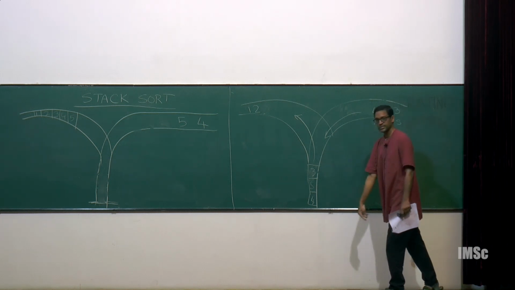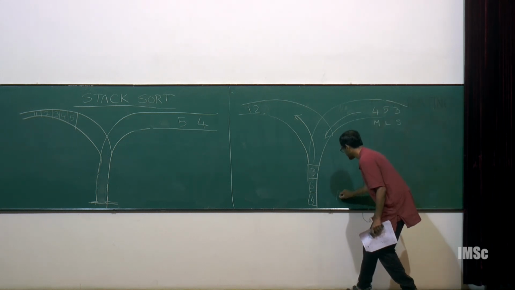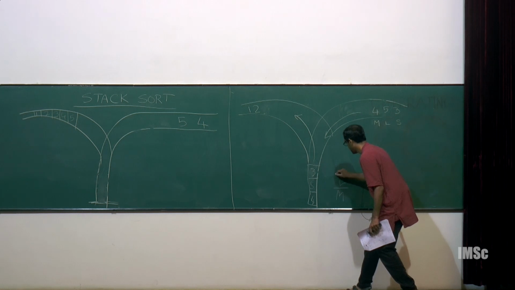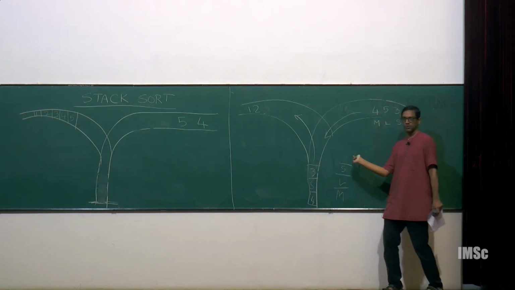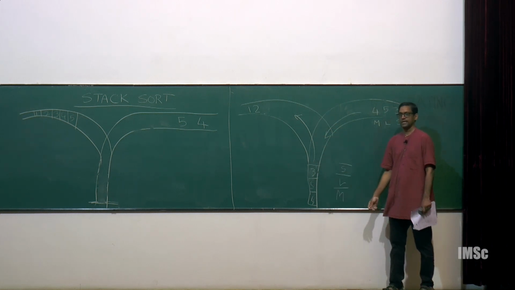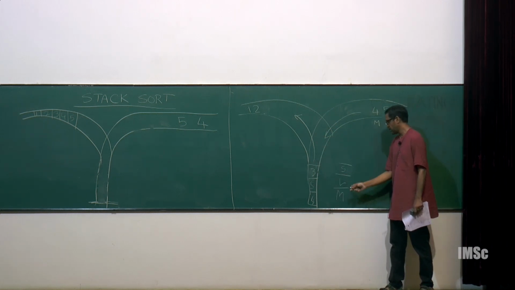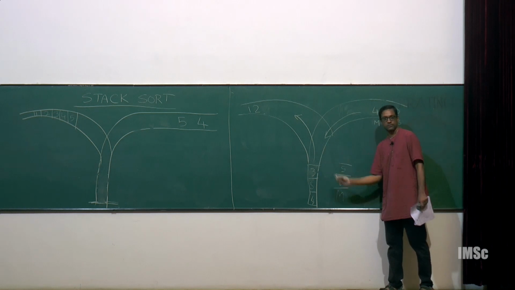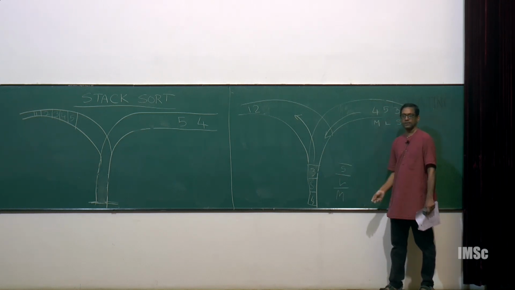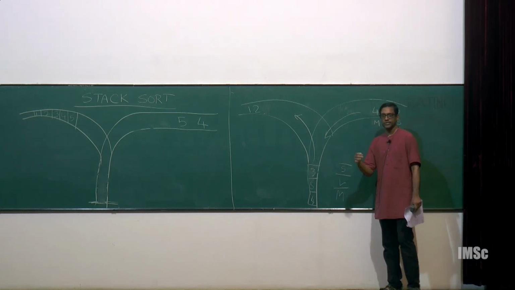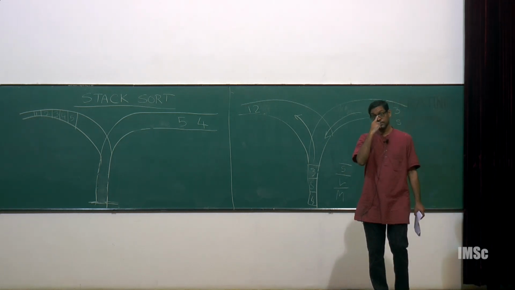So when they moved into the stack, the medium guy is sort of parked at the bottom, the larger guy is above it, and the smallest guy is here. Right? So when they come out, the smallest guy is supposed to come out first, as it will. But then after the small, at some point, the medium will have to come out, right? But it's stuck below the large guy. So when I pull things out, the medium fellow will not be able to exit before the large guy exits.